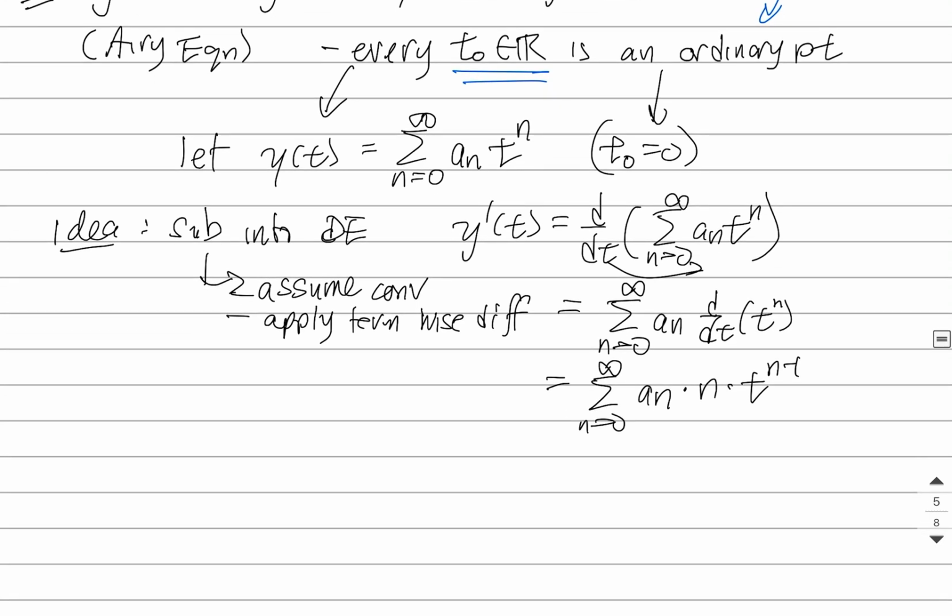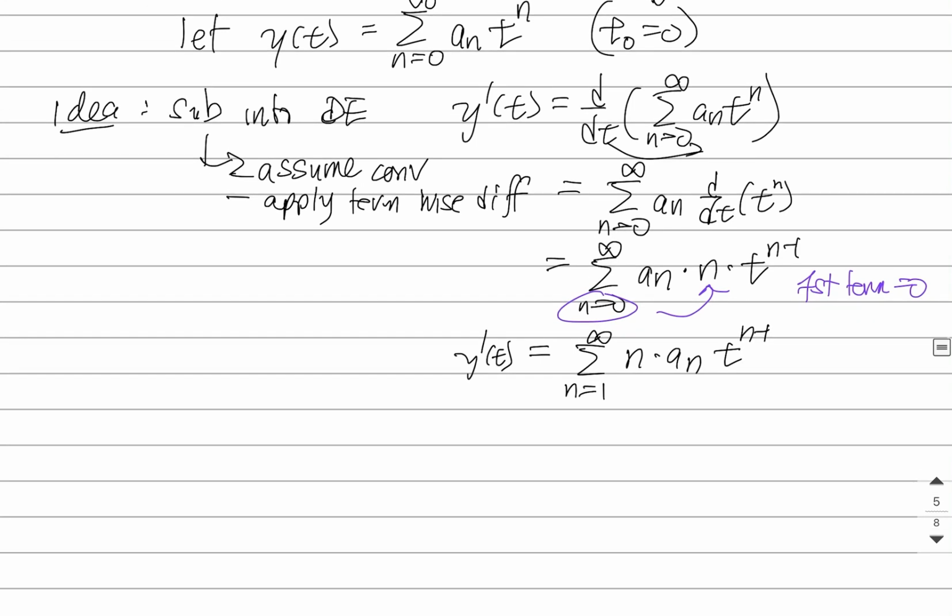Now here's a quirk that happens with power series. Because n is starting with 0, the first term in this series is going to be 0. So rather than carrying around this redundancy, what we're going to do is change the starting value of the index to be 1. So we'll have the sum of n a_n t^(n-1).